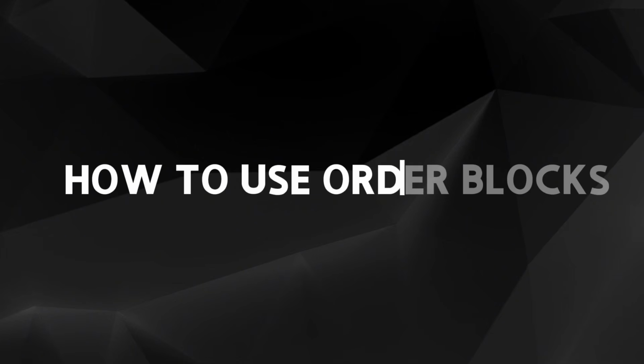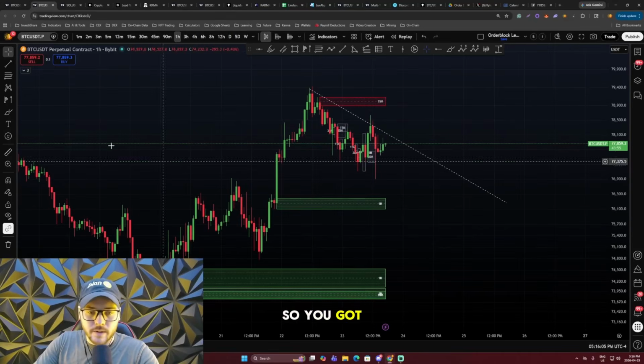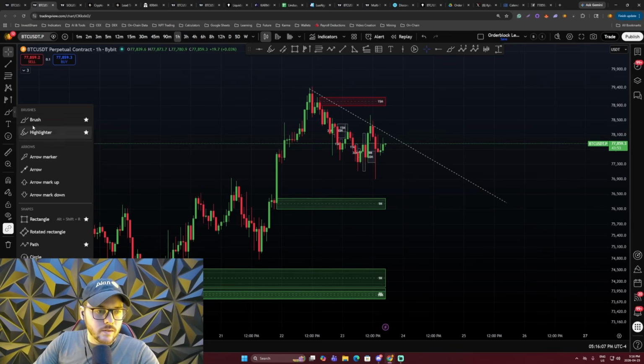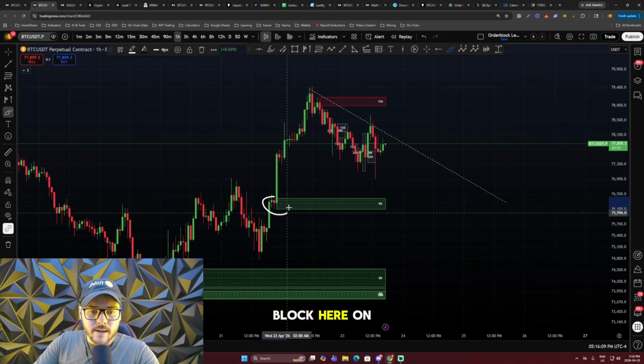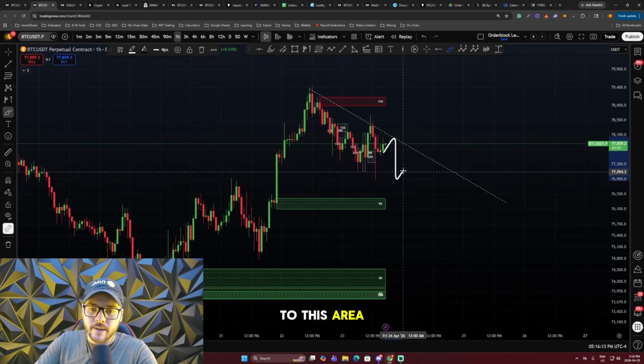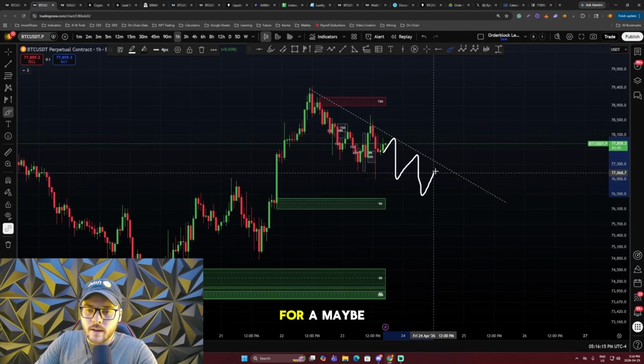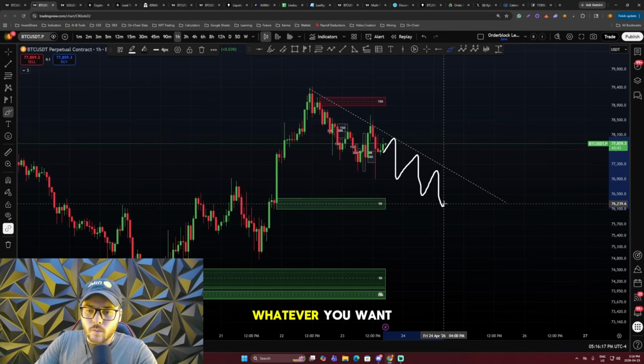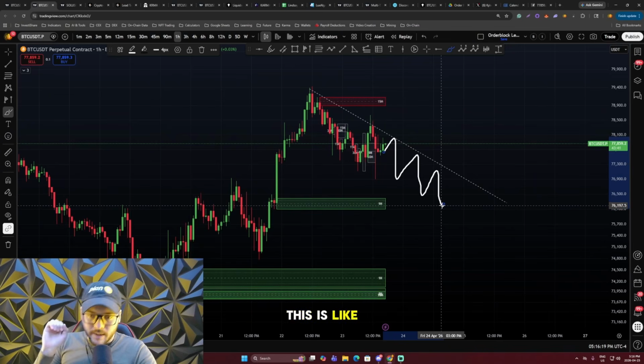So here you can see, for example, we have some already mapped out. So you got an hourly order block here on your screen. So when price action potentially returns to this area, we can prepare for maybe a bounce, whatever. You want to make sure this is like one of many rules, right?